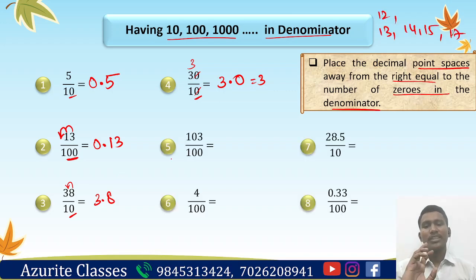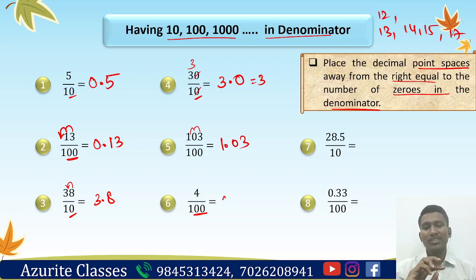So now let us do the fifth question. As many zeros, that many places in the decimal. So here two zeros are there, right? So two places. So the point will shift in between, and 1.03 will be the answer here. Now here two places, zero is there.